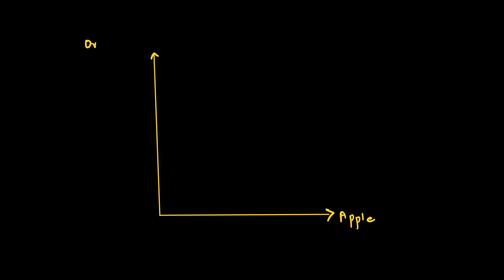Let's say I have two goods, apples and oranges, and I am looking at the indifference curve structure for those. So on my x-axis I have apples, and on my y-axis, let's say I have quantity of oranges.